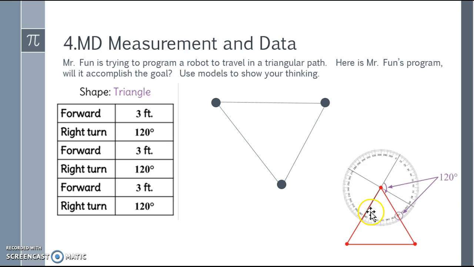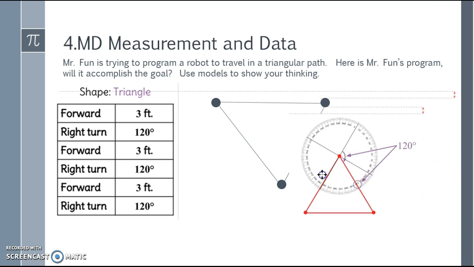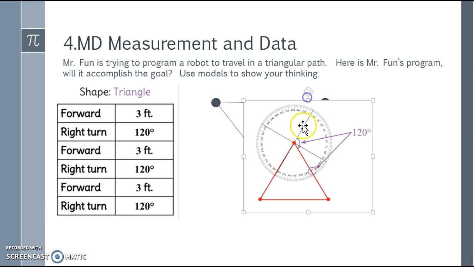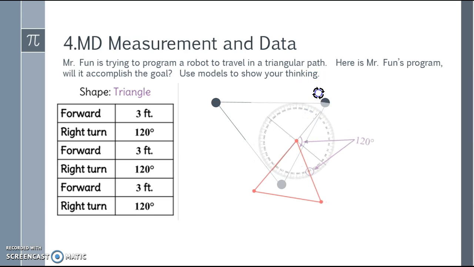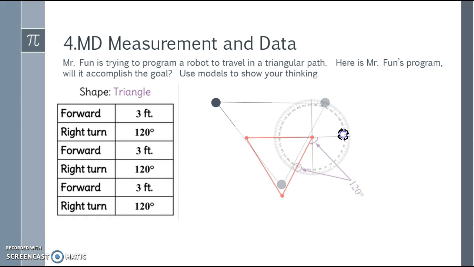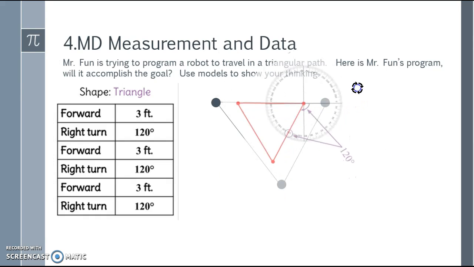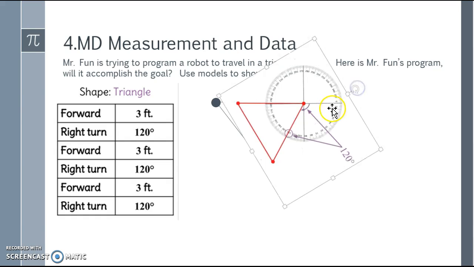When I look at my protractor here, if I were to rotate it and place it on my triangle and line up, rotate it a little bit here, kind of make it see-through for us, I can see that the degrees are 120 degrees since we have to line our straight line up here and go 120 degrees this way.